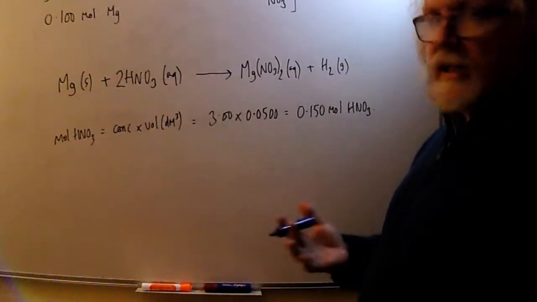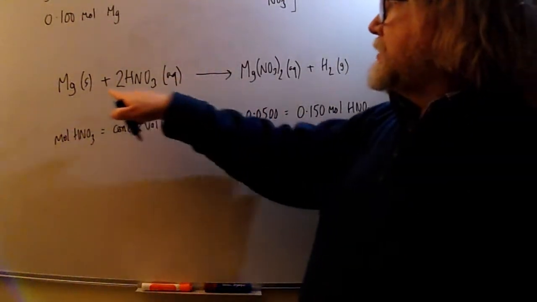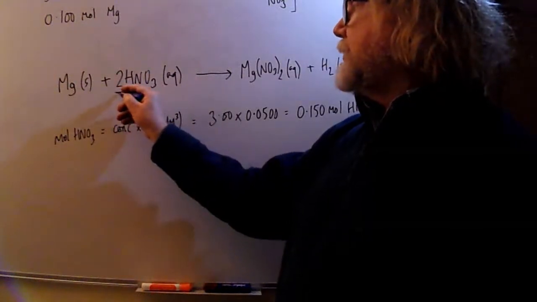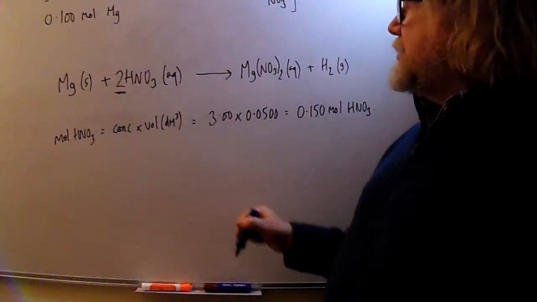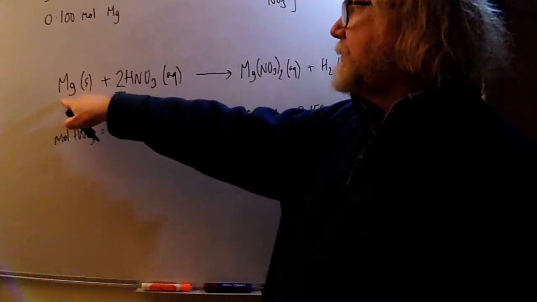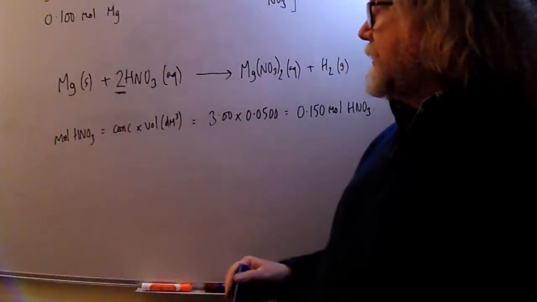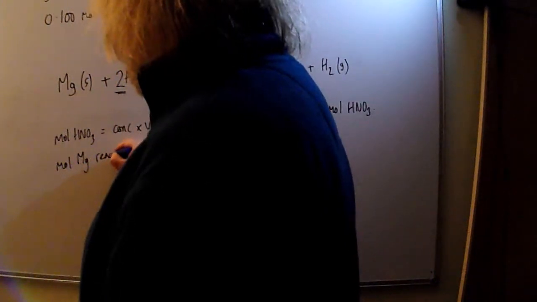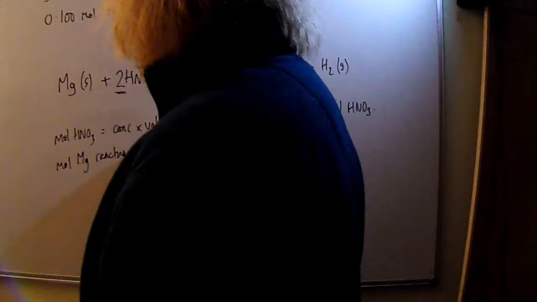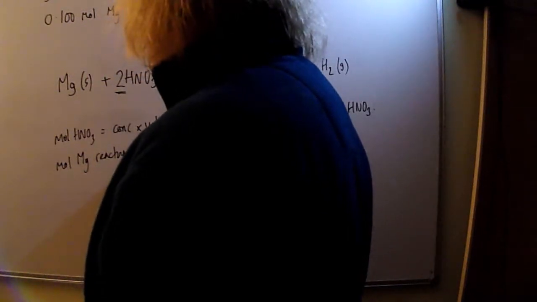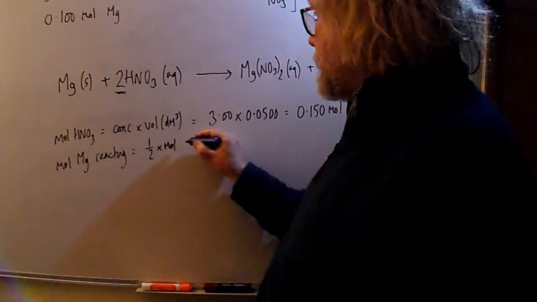So now we've got to think, okay, what does that mean in terms of magnesium? Well, the equation tells us, this is where these numbers in the equation come in, that the moles of magnesium that can react is only half as many. So we can write down that moles of magnesium reacting is a half of the moles of HNO3.